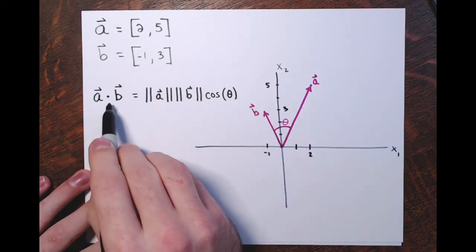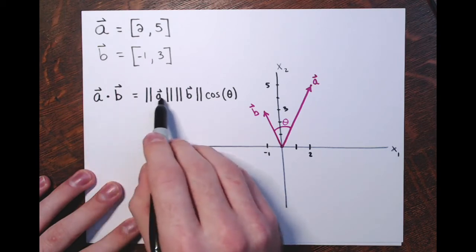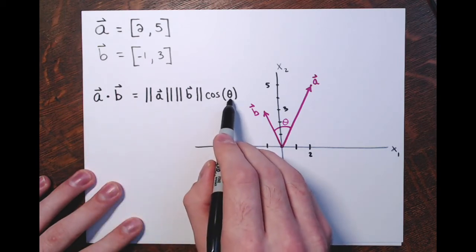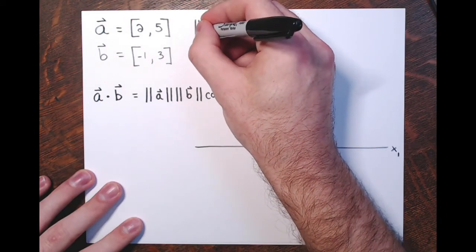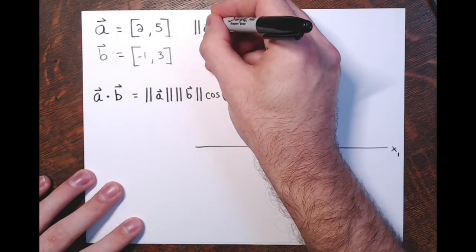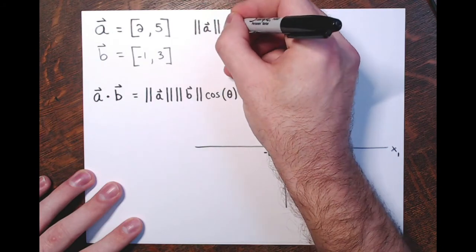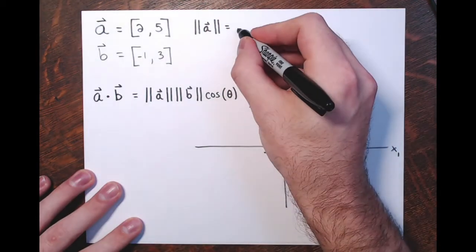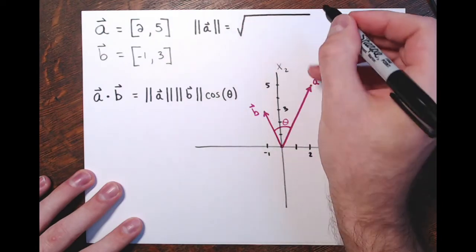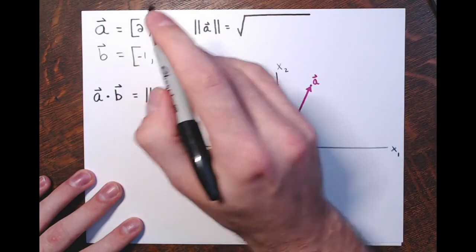All right, and I know all the information here except for theta, because we can find the magnitude of A. Remember, the length of a vector in R2, R3, whatever, was pretty easy to find. It was just the square root of the sum of the squares of the components.